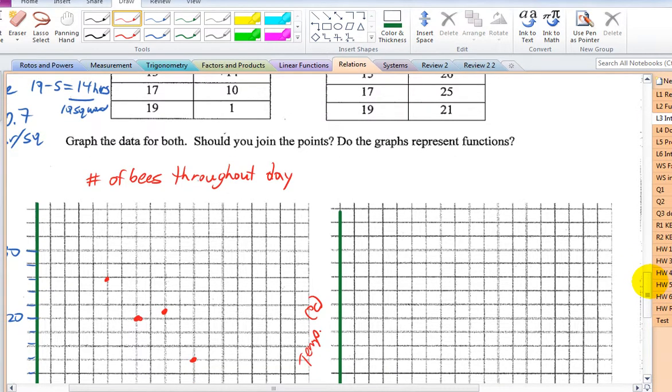Title, what would be a good title? What are you graphing? Temperature of the hive throughout the day.